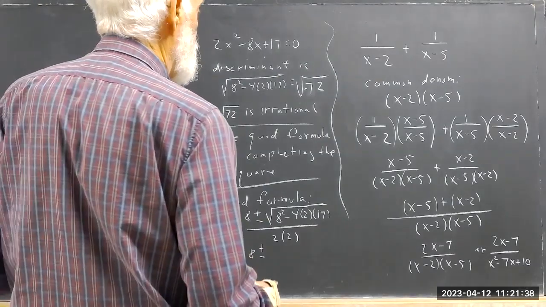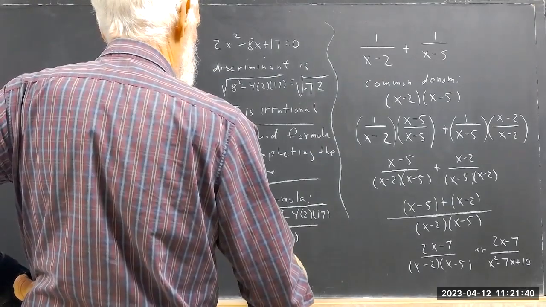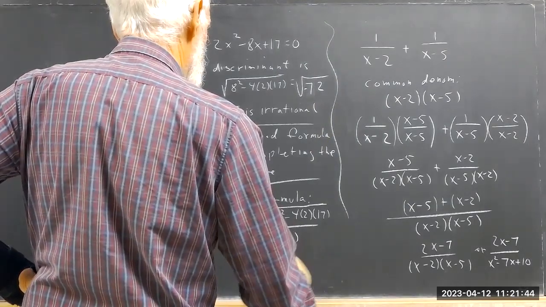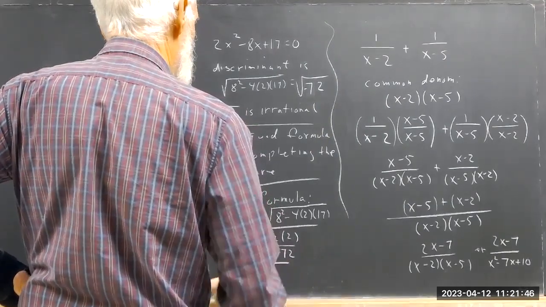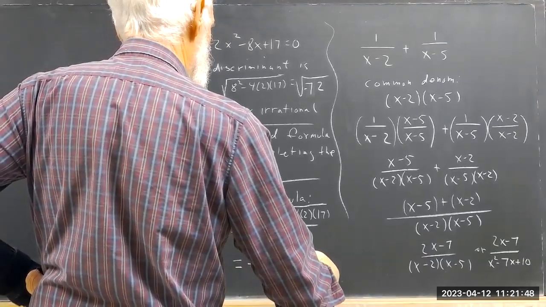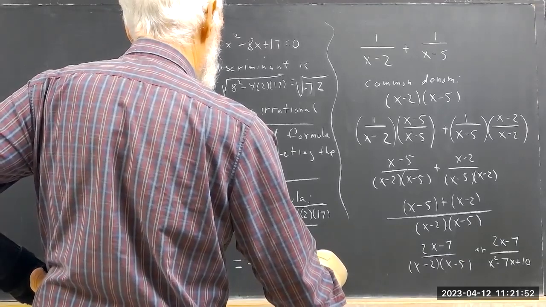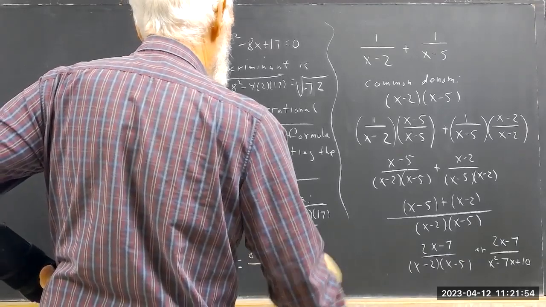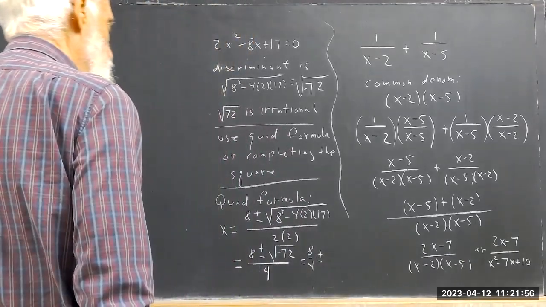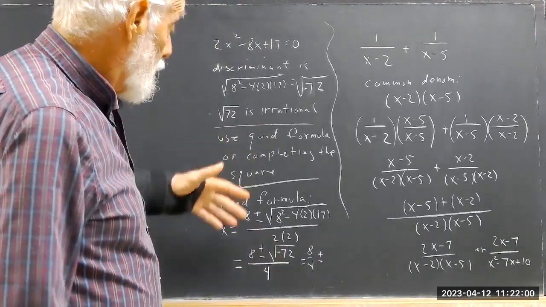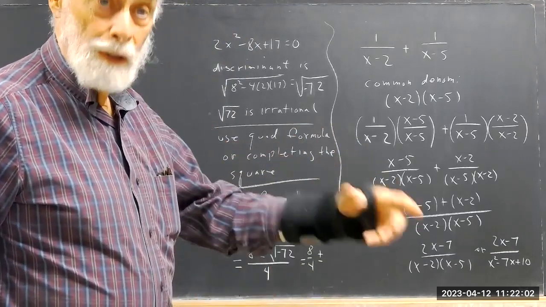Okay, now we get 8 plus or minus the square root of negative 72, over 4, which is then 8 over 4 plus or minus. The square root of negative 72, of course, negative 72 is negative 1 times 72.